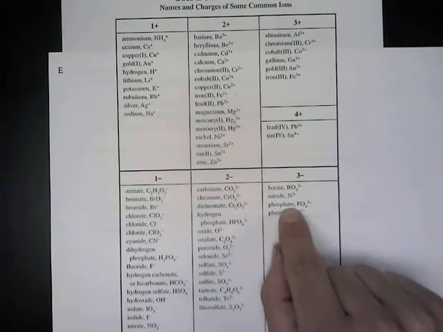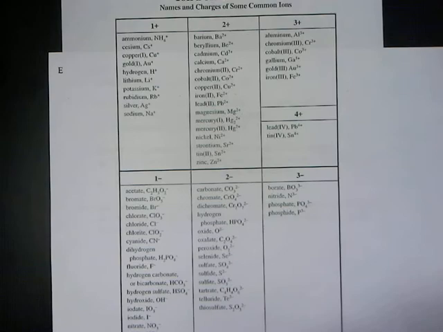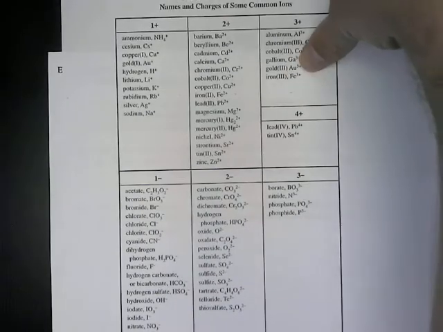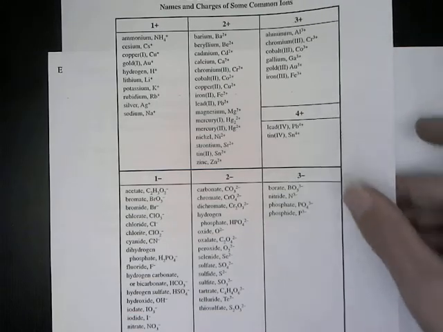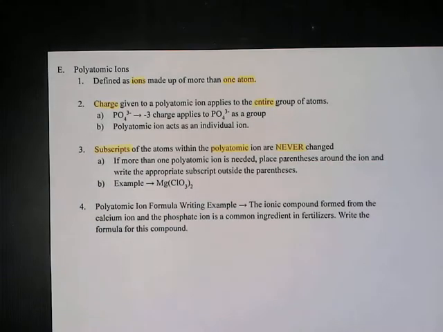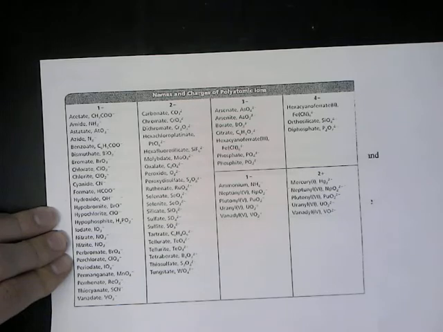Over here, phosphate has PO4 as the formula and a 3- charge. Again, this chart is very useful if you're looking polyatomic ions up by their charge. There are some ions that we need to utilize this other sheet. This sheet also breaks it down by their charge, and then it lists them in alphabetical order. So we'll utilize this here in a second.